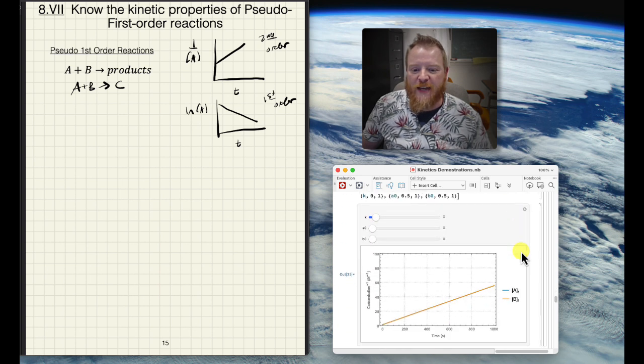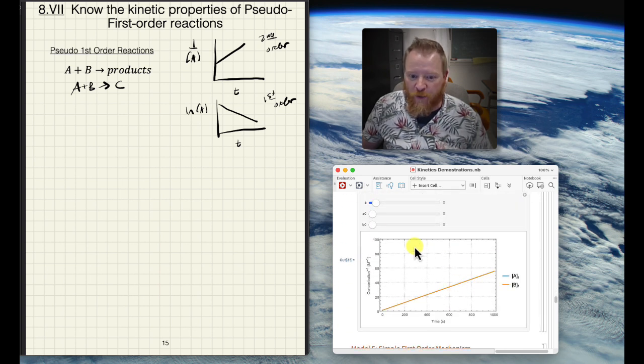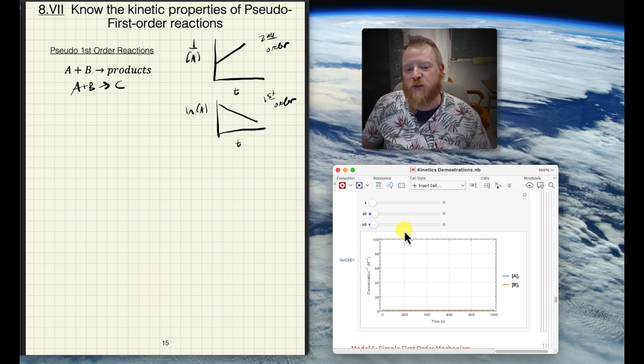So what if instead we look at it as 1 over concentration versus time? Okay, well, I'll turn my rate constant off and I'll make these concentrations both really, really close to each other. And now as I scale the rate constant, look at that. You can see that they are following this straight line.